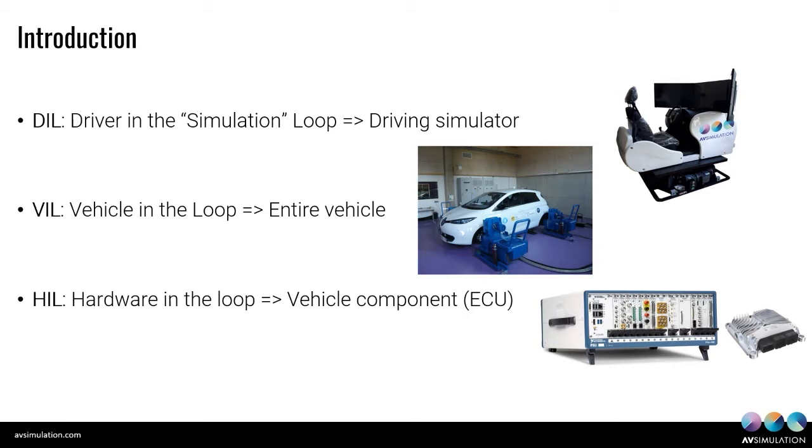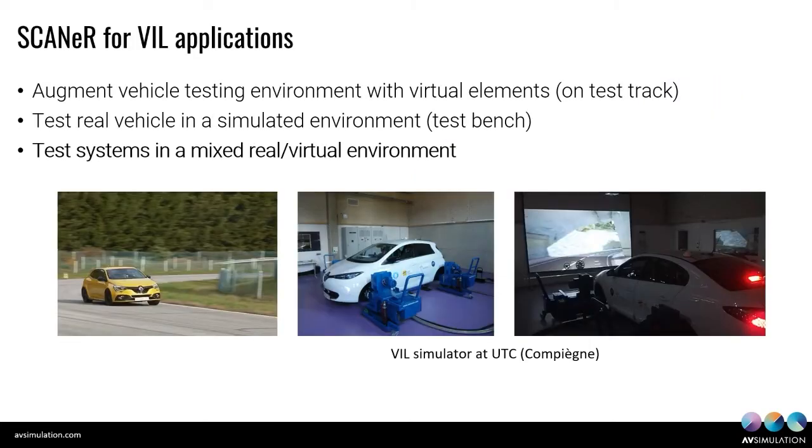So you know, vehicle in the loop are use cases where you can put your complete vehicle in the simulation loop, and also hardware in the loop where you need to include ECU, for example, or a sensor, real sensor in the simulation loop. So some example of project of vehicle in the loop.